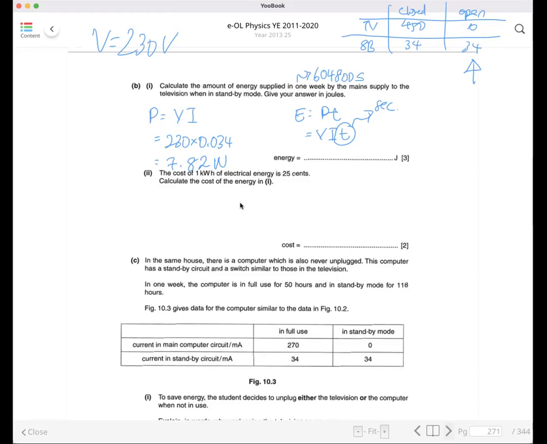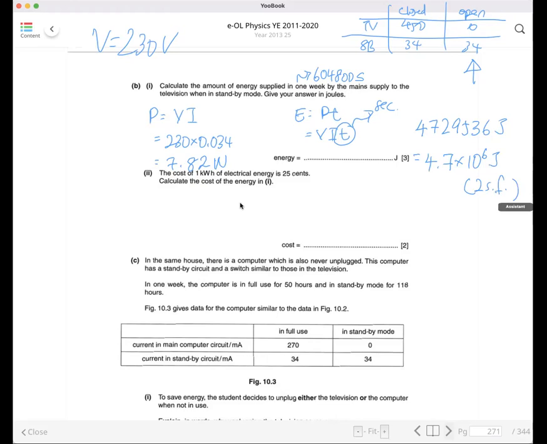Okay, well done. I'll give you the full answer without the round off first, because you're going to use that in the next part. So you'll get 4.7 times 10 to the power of 6 joule to 2 SF.